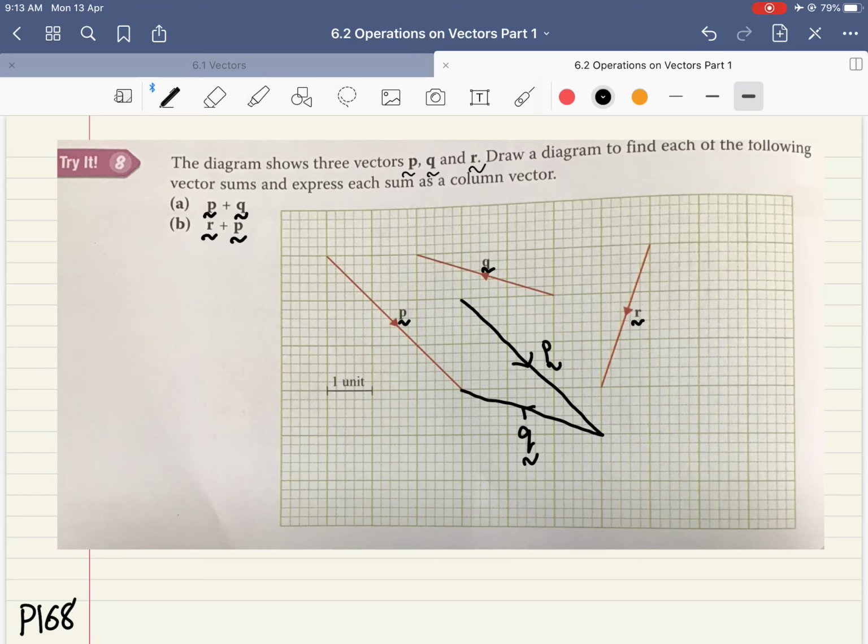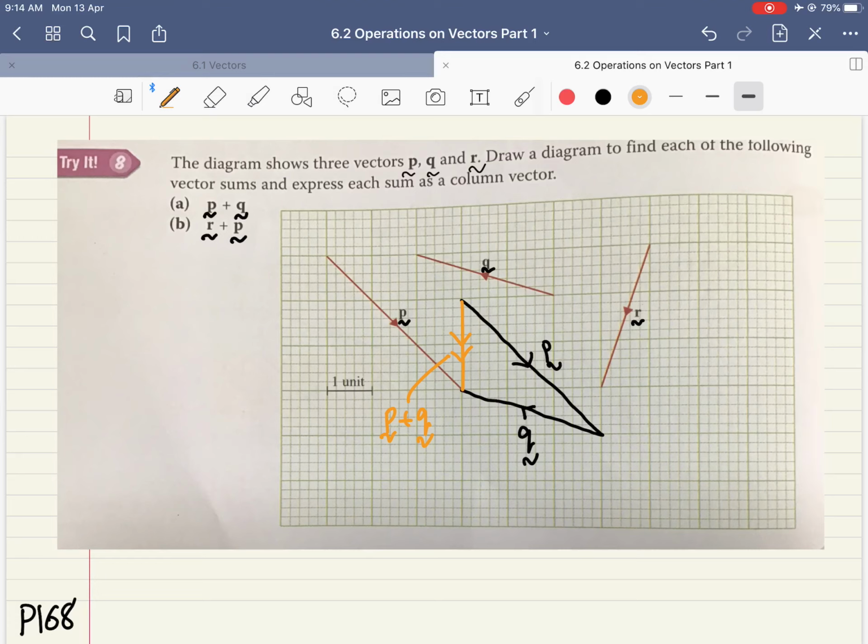The resultant of vector P plus vector Q, the faster way instead of walking from here and ending up here, is like this. I will draw the resultant in orange. This is vector P plus vector Q.